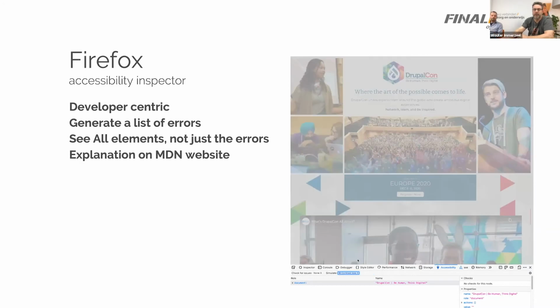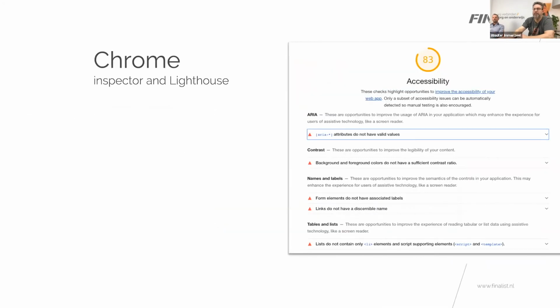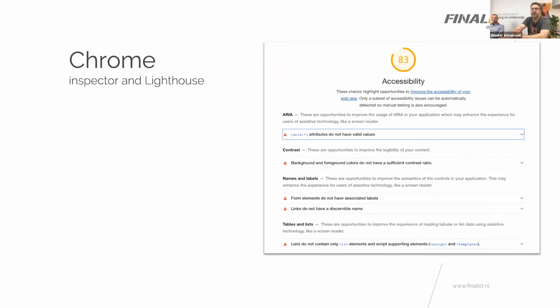Okay, next up, Chrome. Chrome has also the inspector, but there's also the Lighthouse application, which is now included in Chrome, which is more of a complete audit tool. You can also get a report on performance, best practices, SEO stuff, and also accessibility.